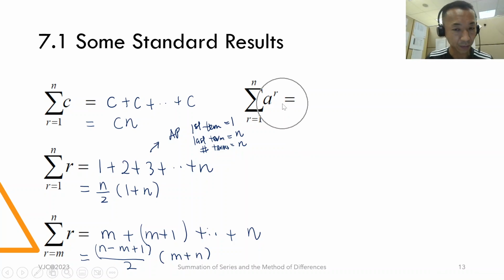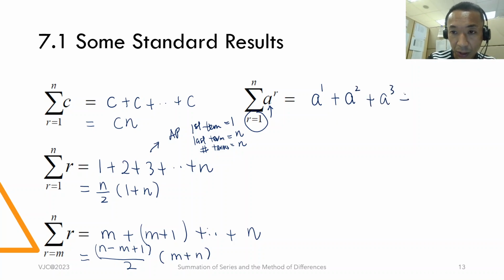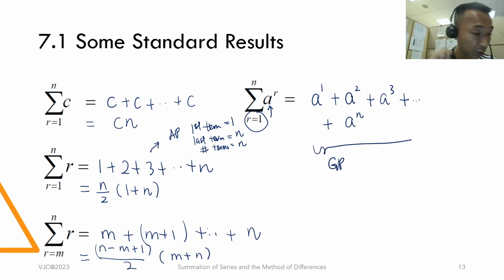Let us take a look at this one. If you understood summation sign properly so far, you will know that this is a to the power 1. Right? You substitute r equals 1 into this general expression, you get a to the power 1, a squared, a cubed, all the way to a to the power n. Now this one is a general progression. It's a GP.